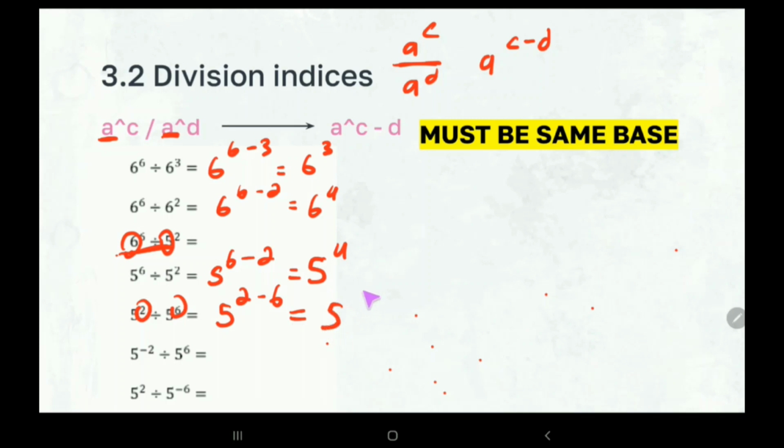So it will be 5 to the power of negative 4, which means it will just be the same as 1 over 5 to the power of 4. Negative means over. So negative represents 1 over something.